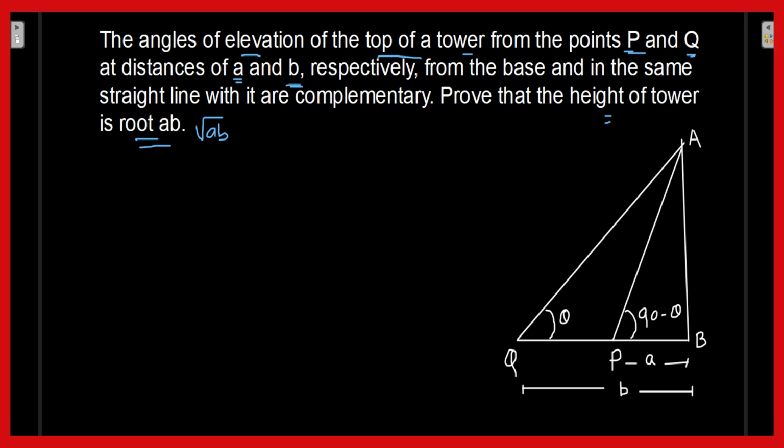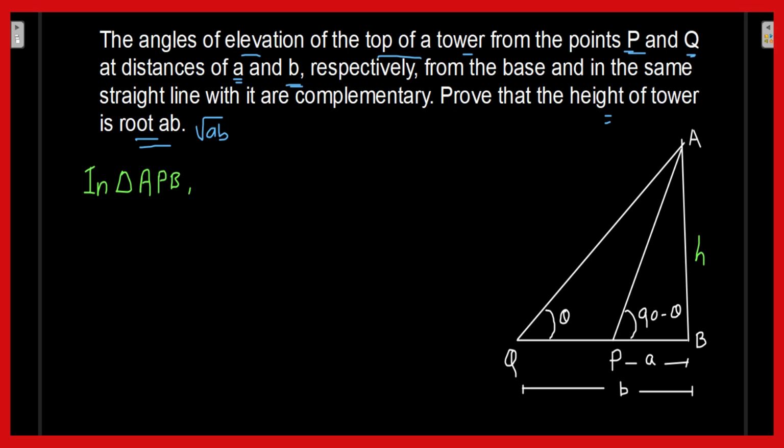So first we will take triangle APB. In this triangle APB, we have tan 90 minus theta is equal to opposite side upon adjacent side. So opposite side is AB.